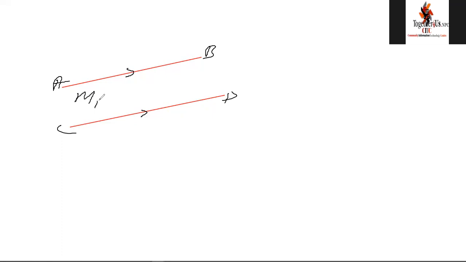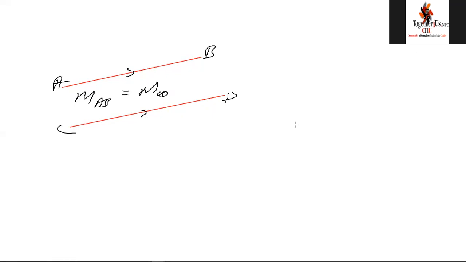I know if I've got 2 lines that are parallel, now how do we know that lines will be parallel if it is given? You know you are going to have actually some arrows that indicate that the lines are parallel. Then let's call this line AB, and let's call this line CD. Then we know that the gradient of line AB is actually equal to the gradient of line CD.